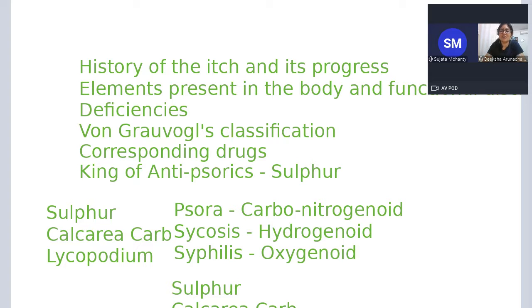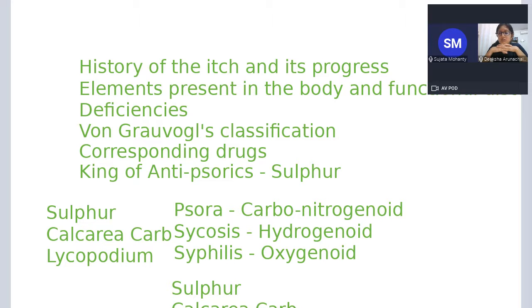These are all psoric. If you see, all the drugs can be psoric, because Psora is obviously the stepping stone, the very first step of any disease. But some drugs you'll find progressing to the other miasms also. So literally you can say all drugs are psoric. But the ones that are specifically psoric and don't show too much of the other miasms are these. And of the lot, sulfur is called the king of antipsorics.